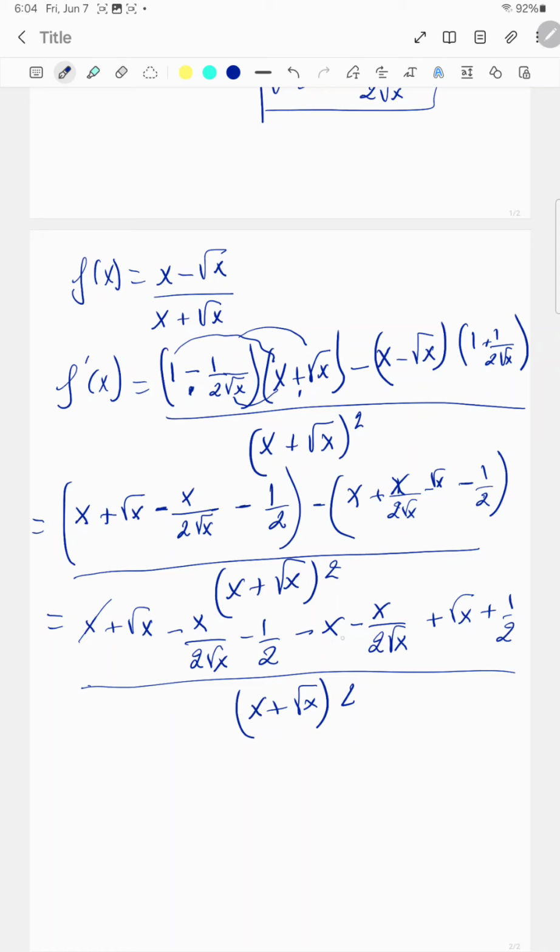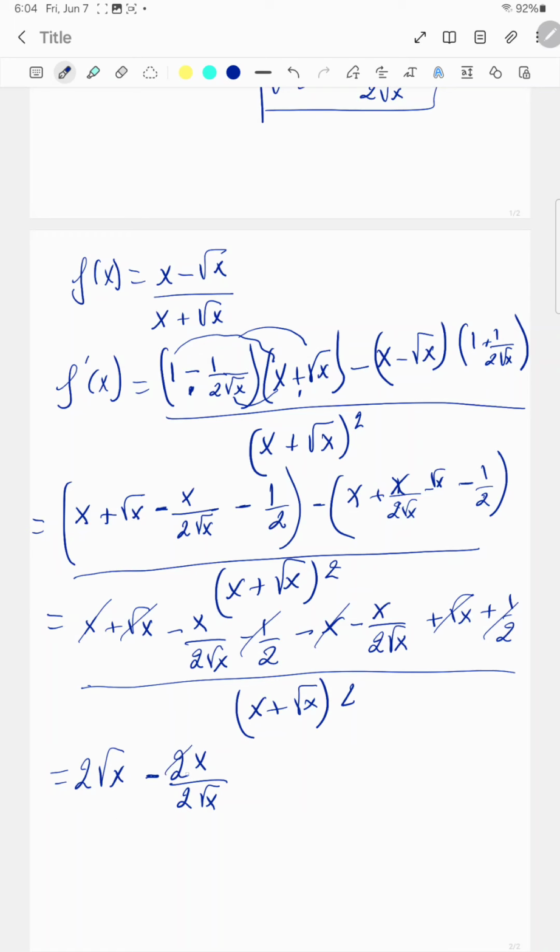So here I have plus x minus x, it cancelled out. I have minus half and plus half, it cancelled out. And I have square root of x plus square root of x is equal to 2 square root of x. And minus x divided by 2 square root of x minus x divided by 2 square root of x is equal to minus 2x divided by 2 square root of x.